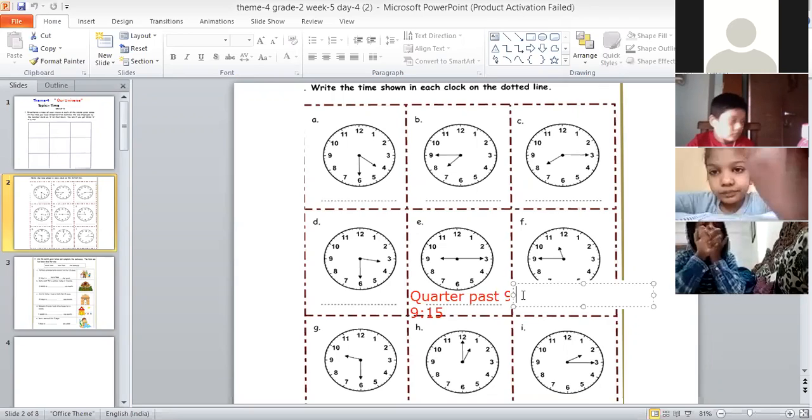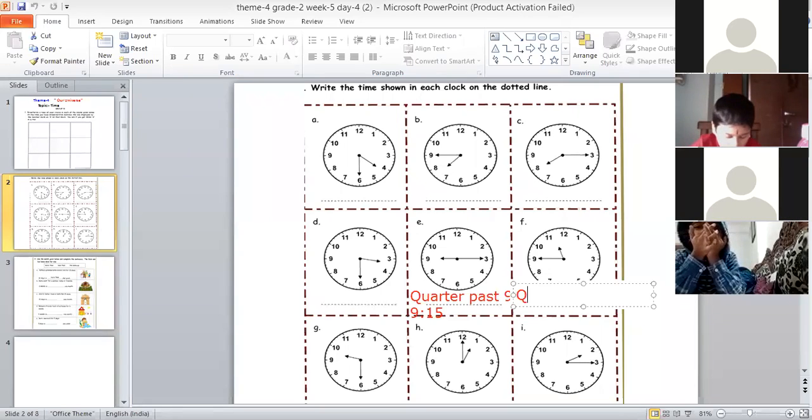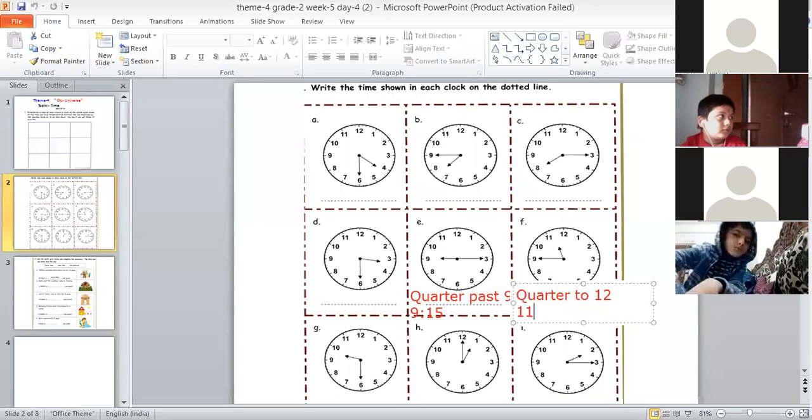So you will write here in the fifth bit: quarter to 12, or 11:45. This is quarter to 12, or you can write it as 11:45.